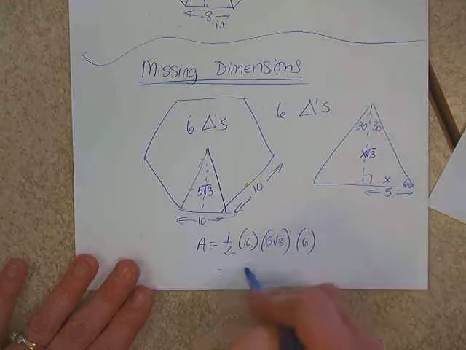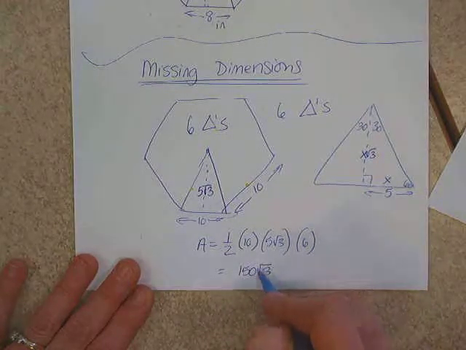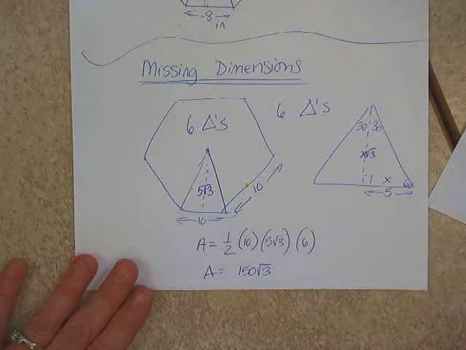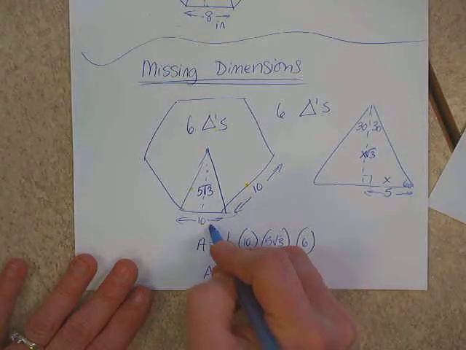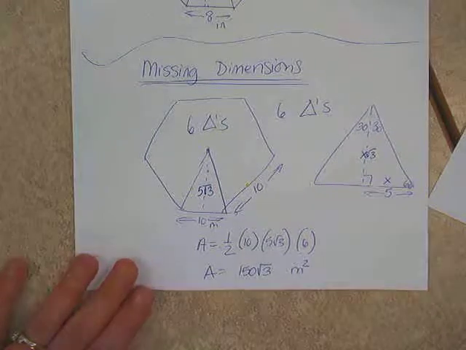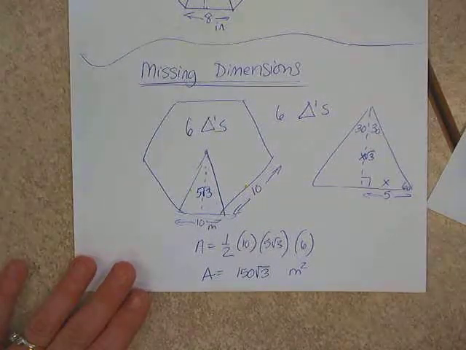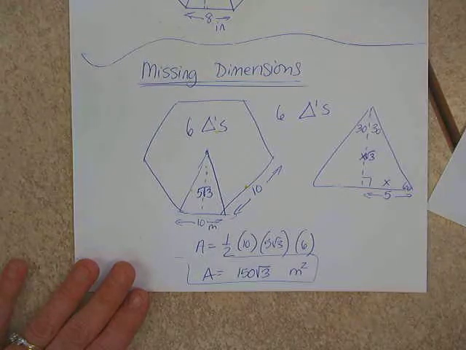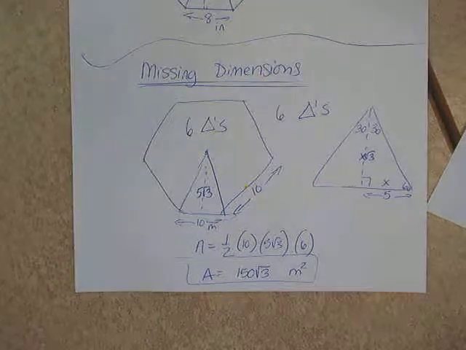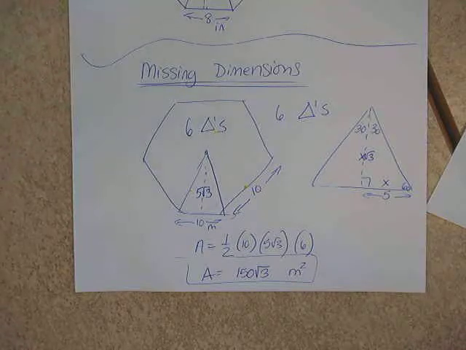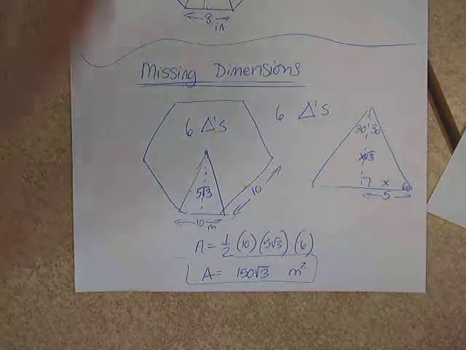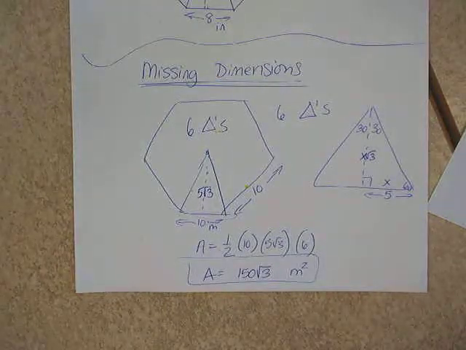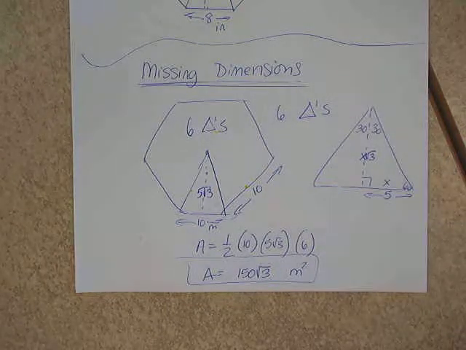So we do everything but the radical. Half of 10 is 5. 5 times 5 is 25. And 25 times 6 is 150 times the radical 3. So this would be 150 radical 3. And we'll just say that's in meters, so that would be square meters.